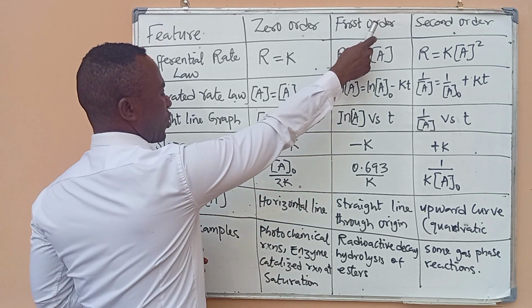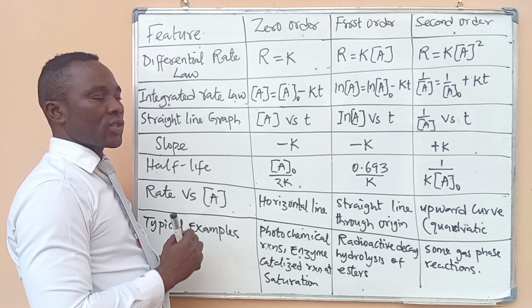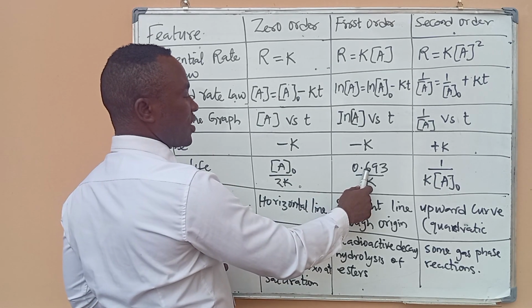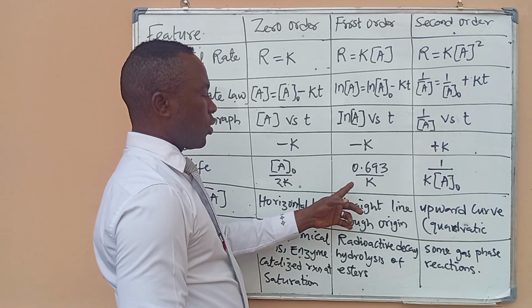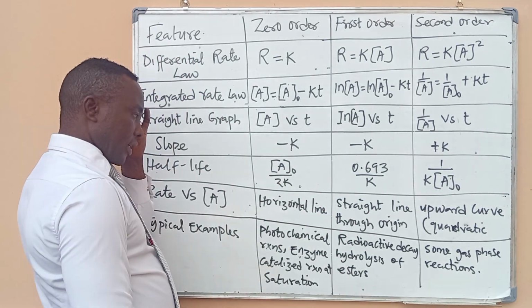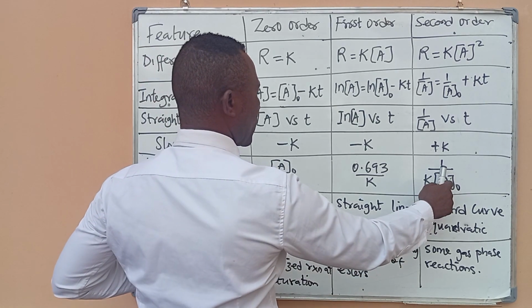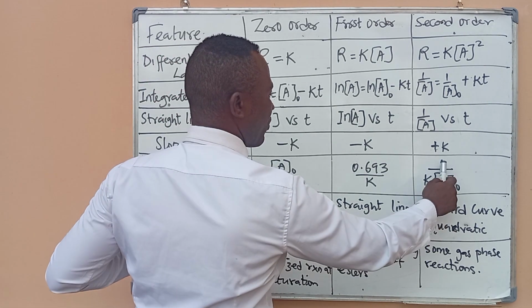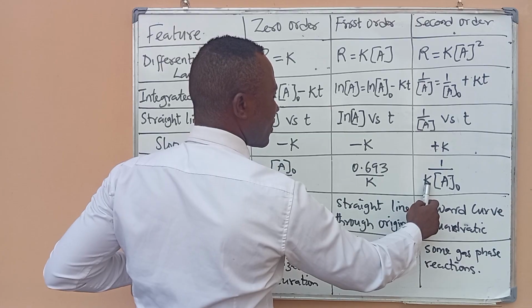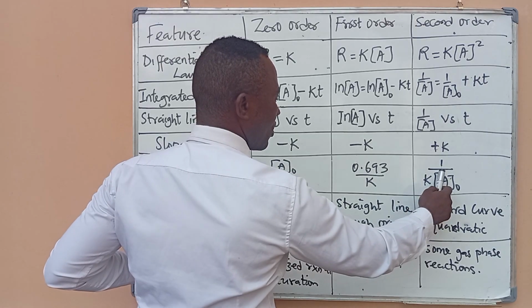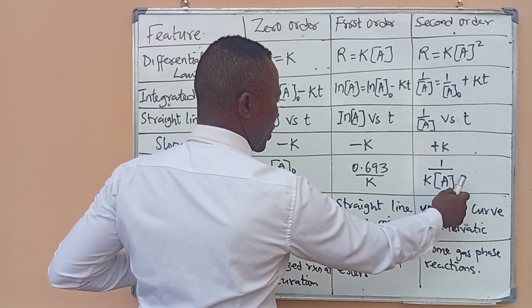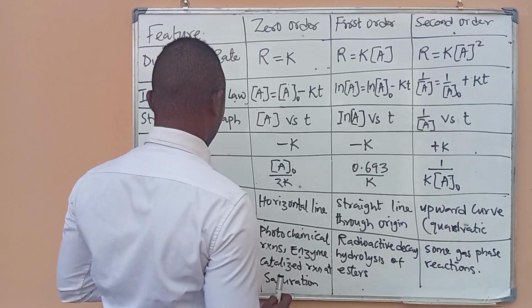For a first order reaction, the half-life is 0.693 divided by the rate constant. Then for a second order reaction, the half-life is 1 over the rate constant multiplied by the initial concentration.